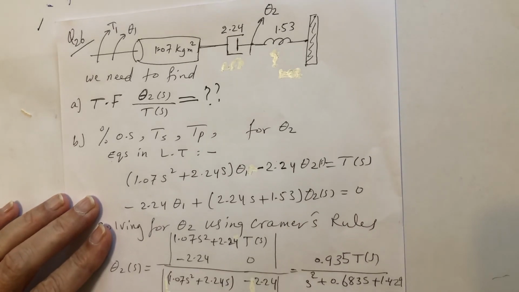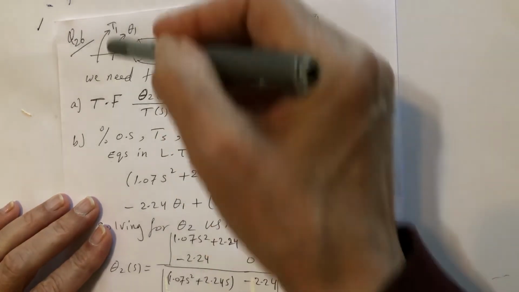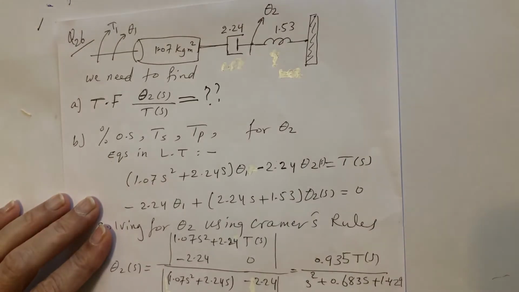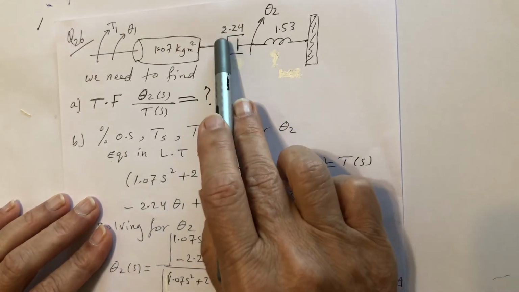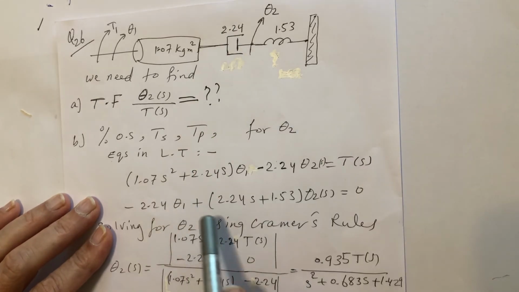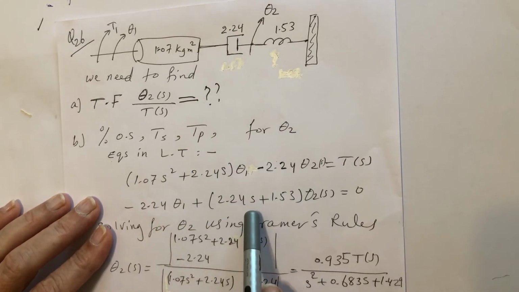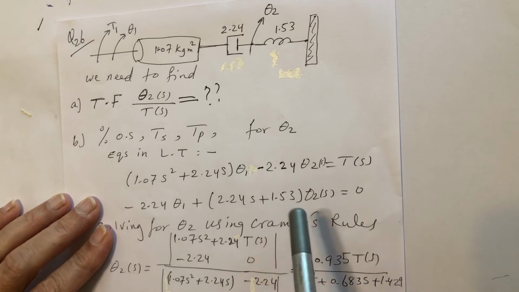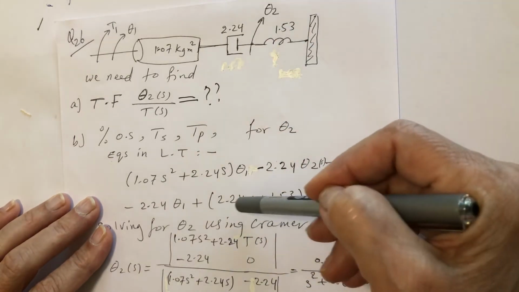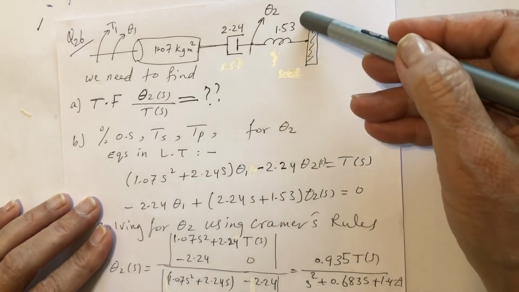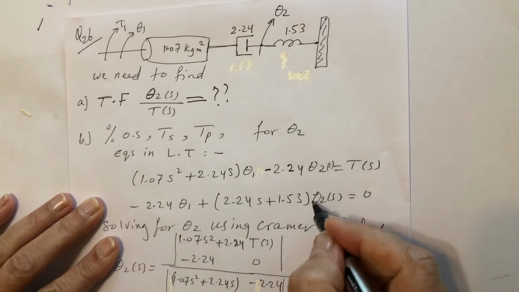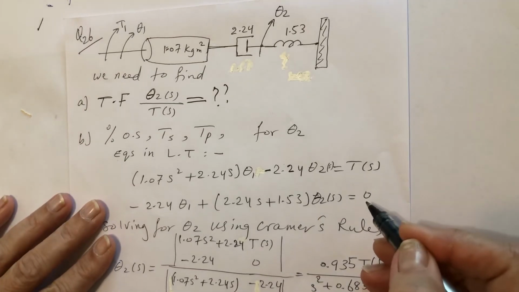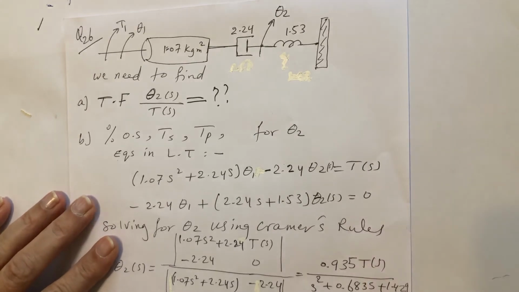Now if we come to the equation due to this theta, okay? Now we say minus 2.24 due to theta 1, and plus 2.24 s plus 1.53, this is due to theta 2 of s, and this 1.53 due to theta 2. So I have equal to 0, of course. I don't have a torque here.